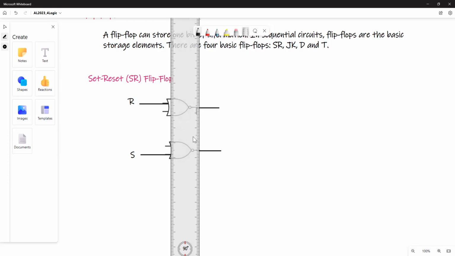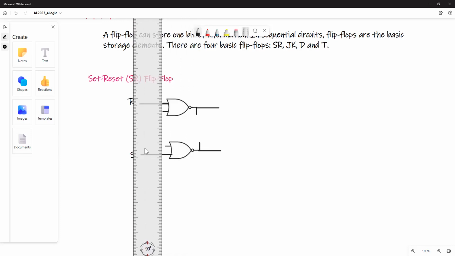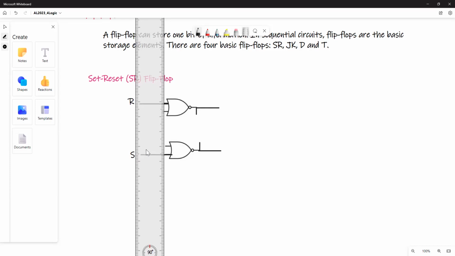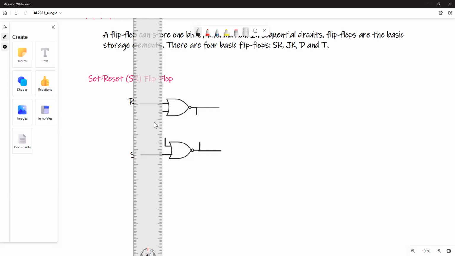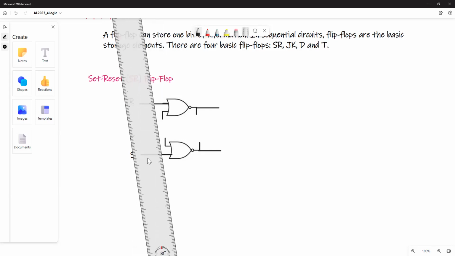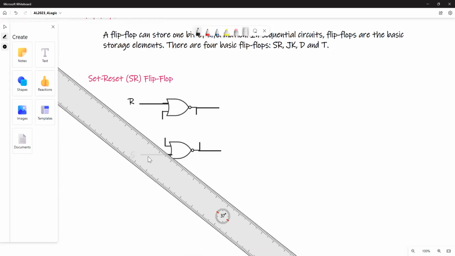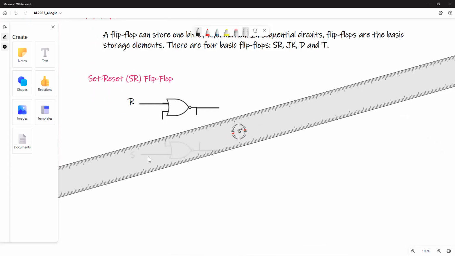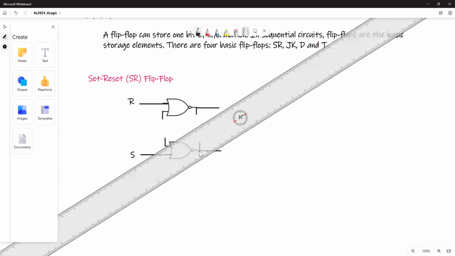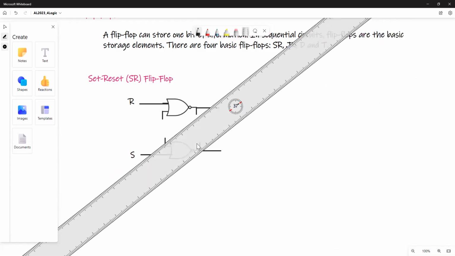Here also we have an output, and then we have inputs. So what will happen here is I'm going to connect these two together. So input from this, we are going to connect here.